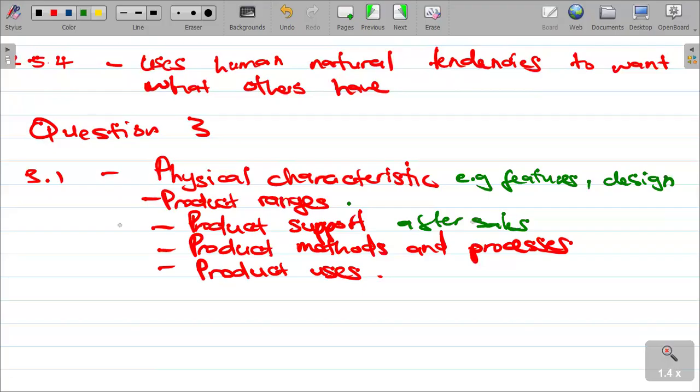We're talking about guarantees, the conditions of the product, handling of defects, etc. And then the product methods and processes. We're talking about materials that are used to produce a product.